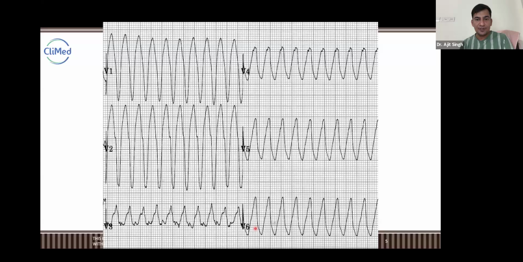Yeah, I hope it is visible now, right? This is monomorphic VT, right, guys? You're saying the QRS complex duration is the same. Okay, perfect. Anything else?